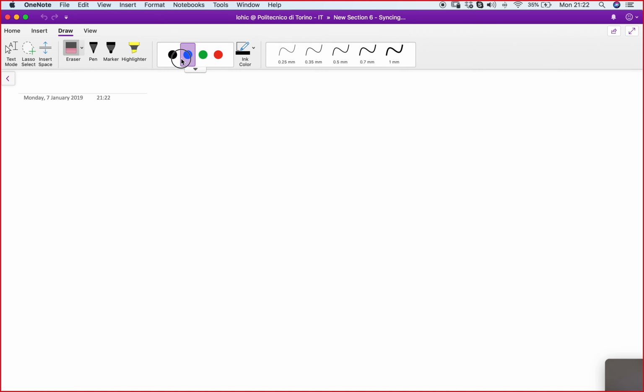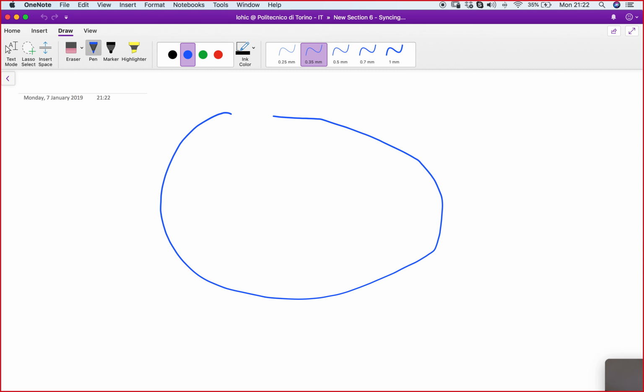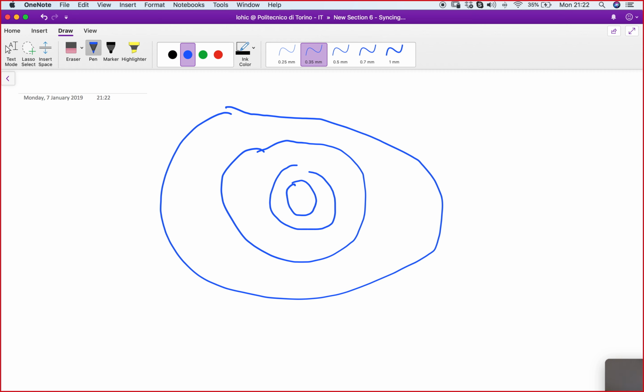Okay, the exercise I want to give is the following. Your conductor is made by a couple of cavities, and here in the middle you put some charge, let's say 2Q, which is positive.